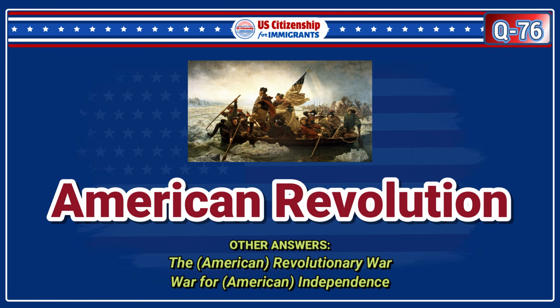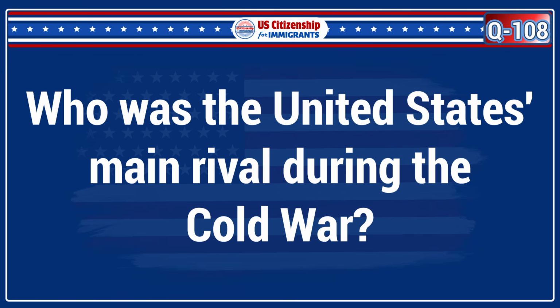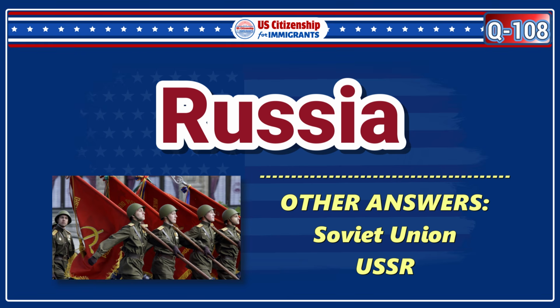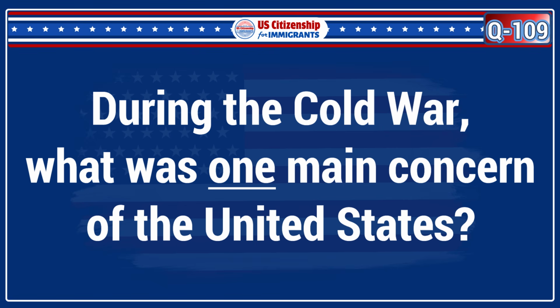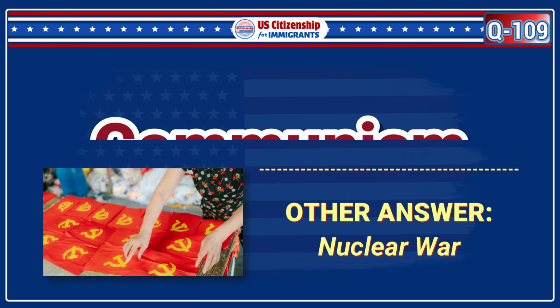American Revolution. 108. Who was the United States' main rival during the Cold War? Russia. 109. During the Cold War, what was one main concern of the United States? Communism.